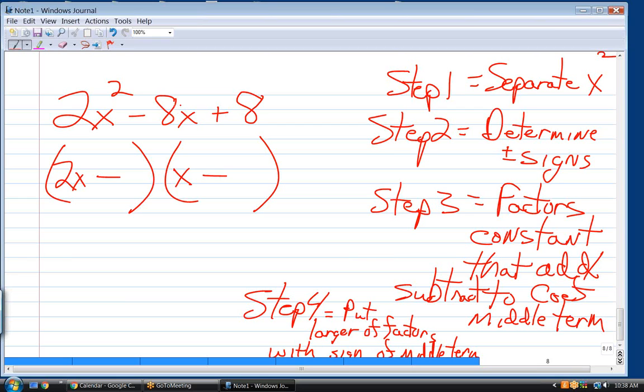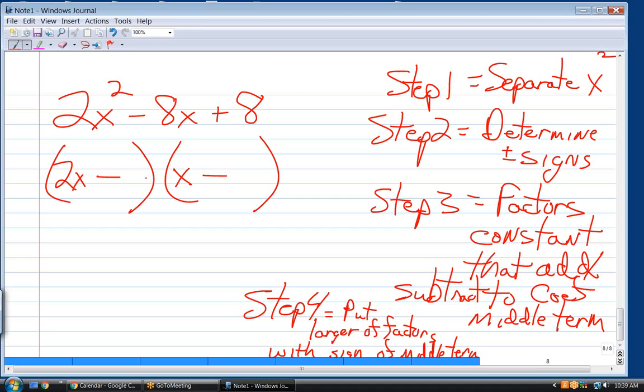It doesn't work because one of those factors is going to be multiplying 2x, the other factor is going to be multiplying x. So whenever you have a second order quadratic, step 3 is different. And I'm not going to talk about how to do this problem. I just wanted to show you that whenever this thing is not a 1, these become far more difficult.